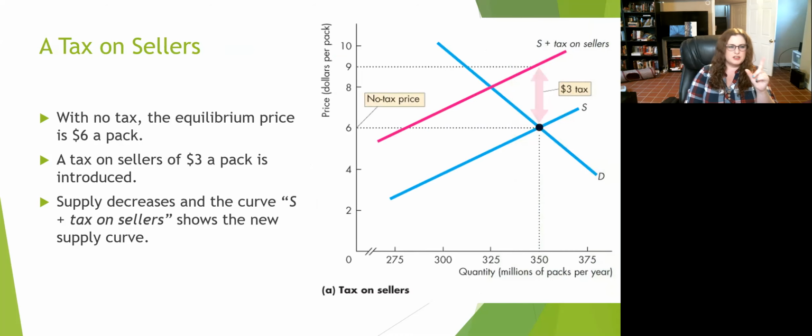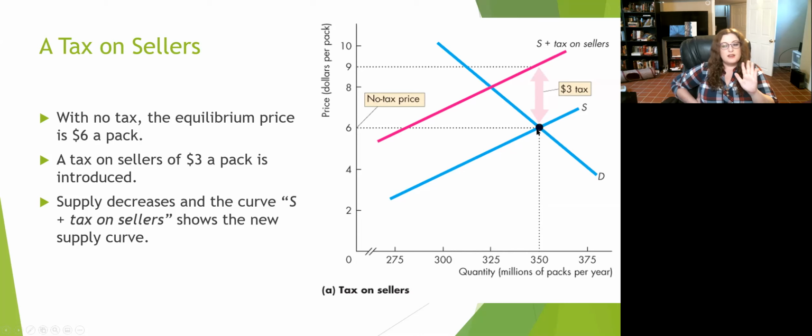Let's say that we originally put the tax on sellers. If we put a $3 tax on sellers, what's going to happen? Well, let's look at these two blue lines. We have our downward sloping demand and our upward sloping supply. Our original market equilibrium, when there's no taxes whatsoever, is that 350 million packs of cigarettes are sold at $6.